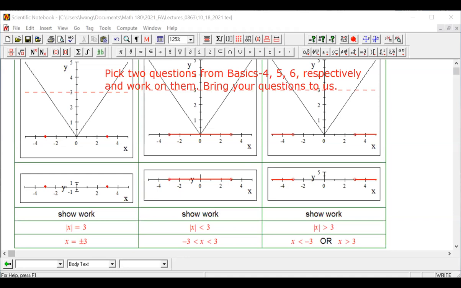Does it matter which one we turn in? Or do you only need 2 questions for basic 4, 5, and 6? Can I just pick any 2 questions? You pick any 2 questions of your choice.